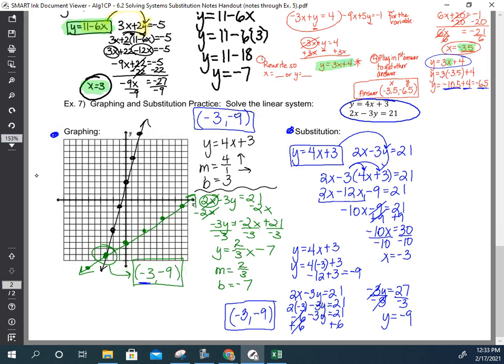Go ahead, hopefully I have an answer. So you're supposed to, did you get that the y-intercept was negative 7? That means you probably did something wrong in your computation. So when you rewrote it, did you subtract 2x on both sides?